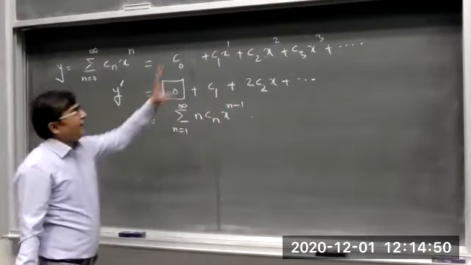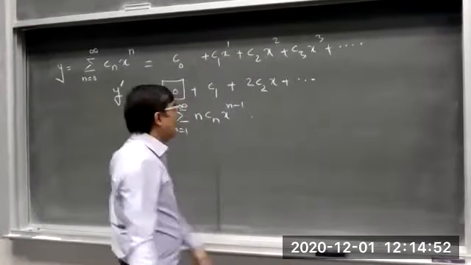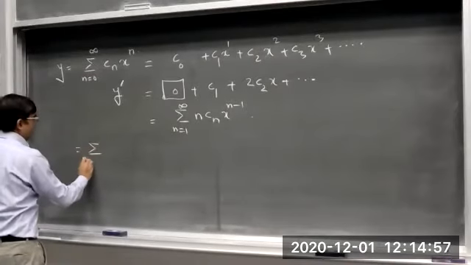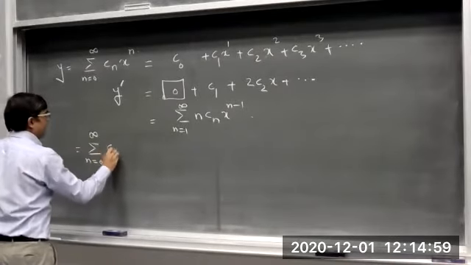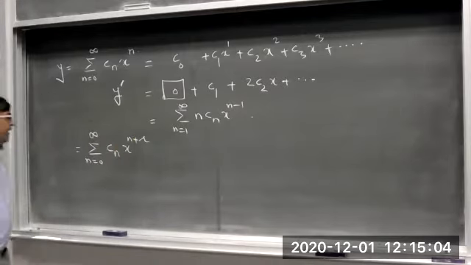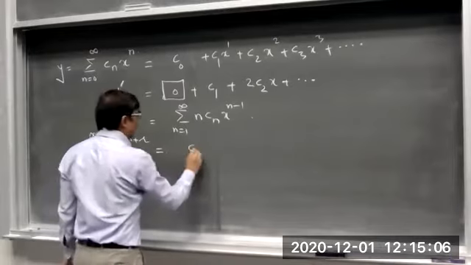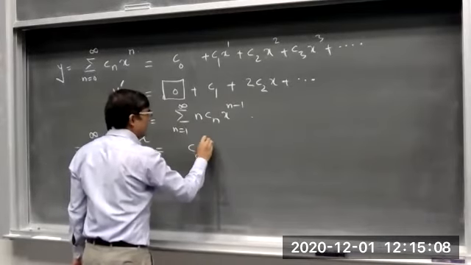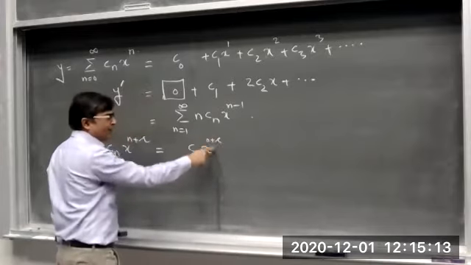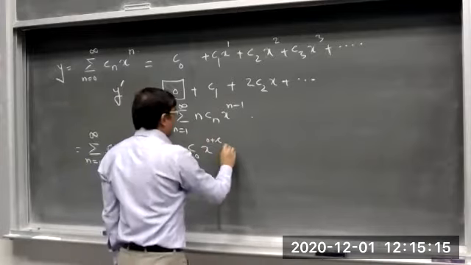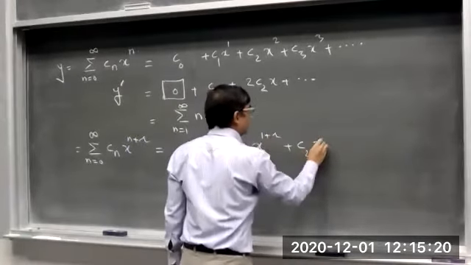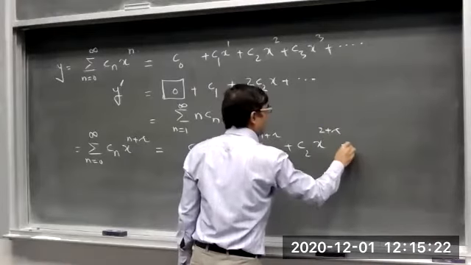But in the case of the Frobenius series, what is our series? It is summation n from 0 to infinity, cn x power n plus r. If we open this series, we obtain c0 x power 0 plus r, now we have r here, x power r, plus c1 x power 1 plus r, plus c2 x power 2 plus r, and so on.